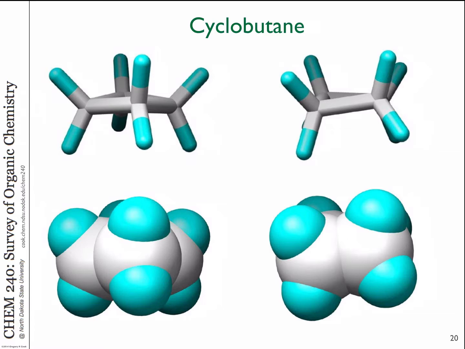It doesn't want to be flat because that would be just like cyclopropane, maximizing all of those strains. So by slightly puckering its structure here, it allows a little bit of angle strain relief. And notice, if you look down this bond angle, those are not completely eclipsed anymore. They're not completely 60 degrees apart, but they're slightly apart, trying to relieve some of that torsional strain.